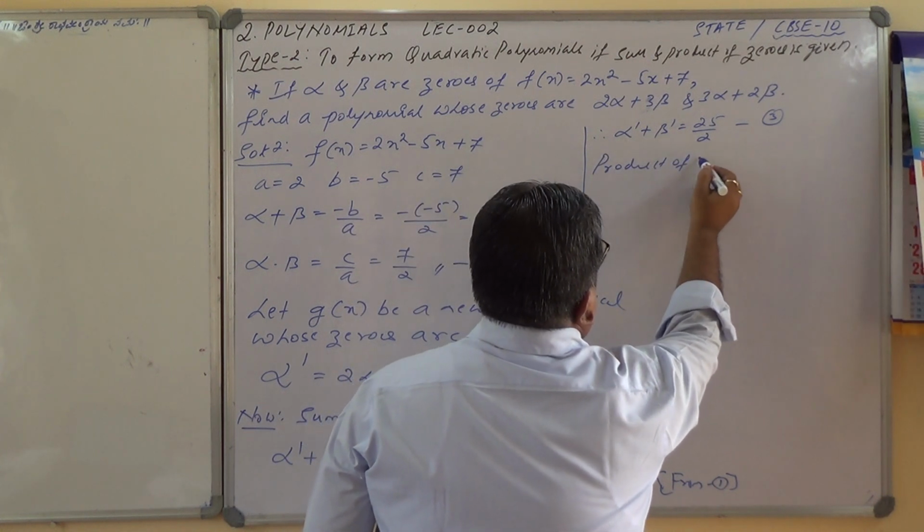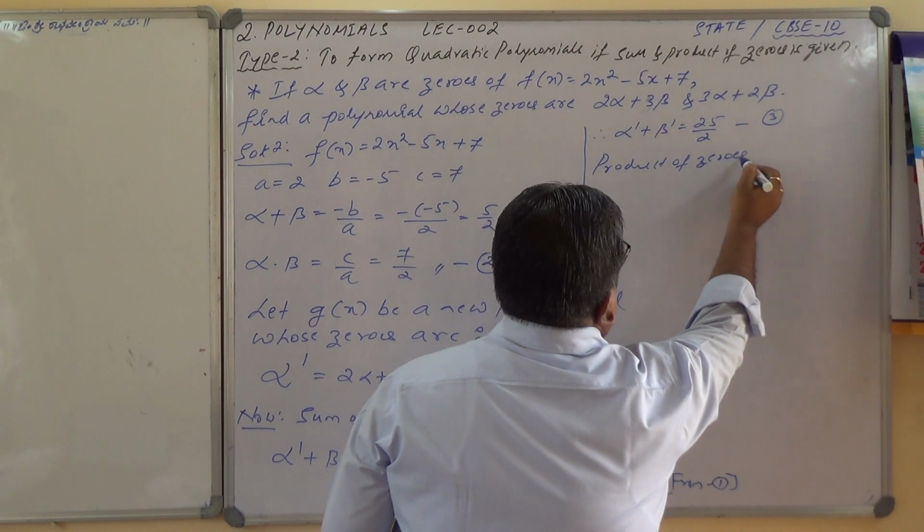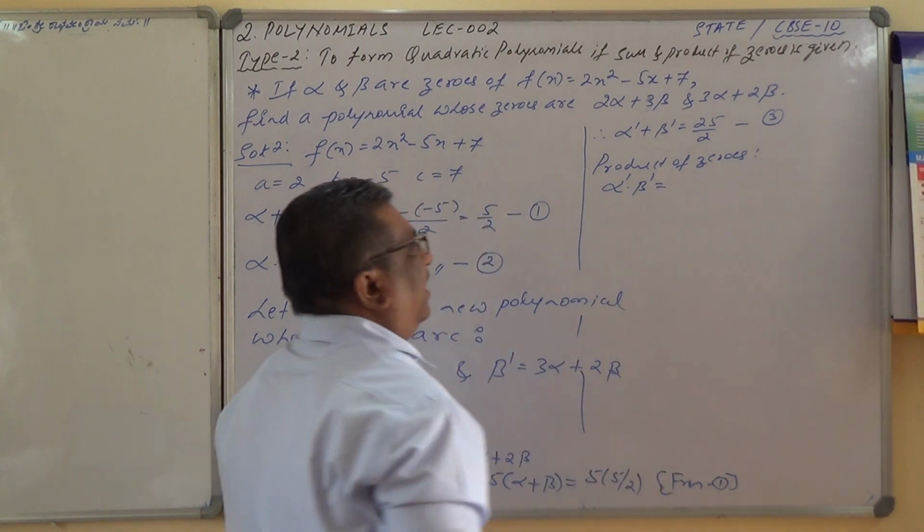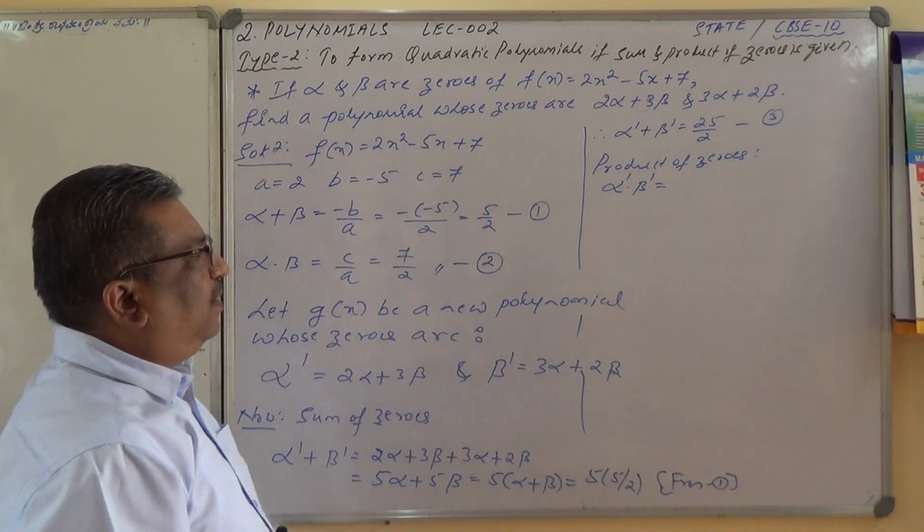Now the product of zeros is given by alpha dash into beta dash, because it is the new product of zeros.